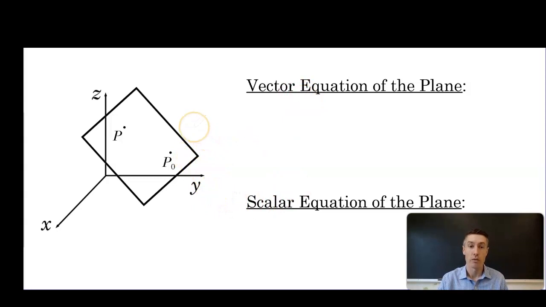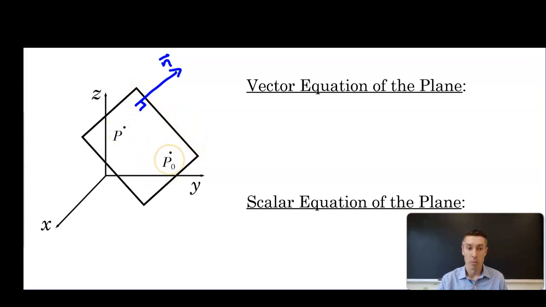So the first thing, let's visualize what that normal vector is. If we draw a vector that is perpendicular to the plane, that is the normal vector. And remember, vectors are not fixed in space, so that normal vector could be drawn anywhere on the plane. It could even be drawn in the opposite direction, as long as it's perpendicular to the plane.